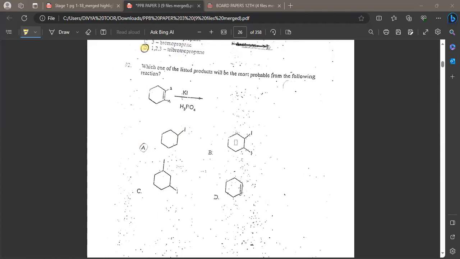Could it be C? Because if this double bond breaks, it comes here, and then the electronegative iodine attacks.